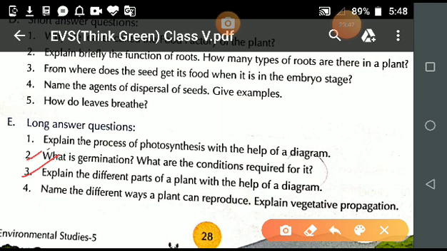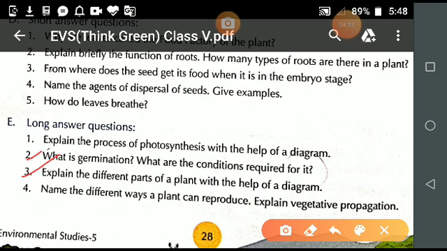And what happens? The pollen grains enter the ovary through the style, and here they fuse with female gametes, or you can say ovules, which are present in the ovary, to form seeds. You know that in the previous question, question number 2, what is germination?